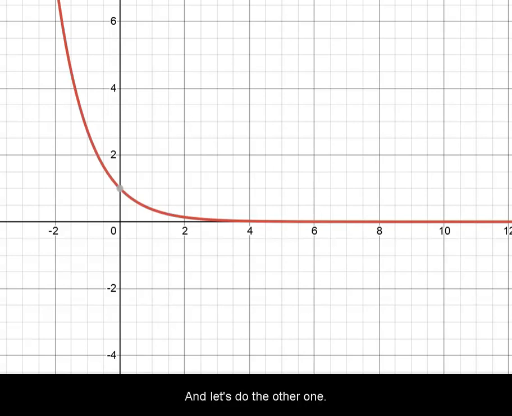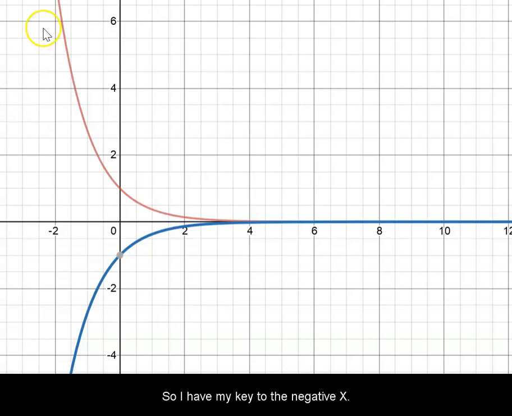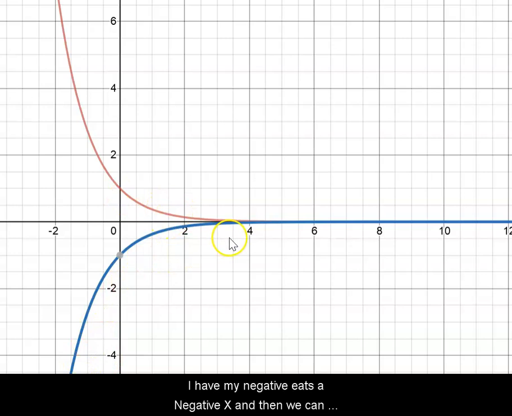Okay, and let's do the other one. Hopefully you can guess which one is which. Okay, so I have my e to the negative x. I have my negative e to the negative x.